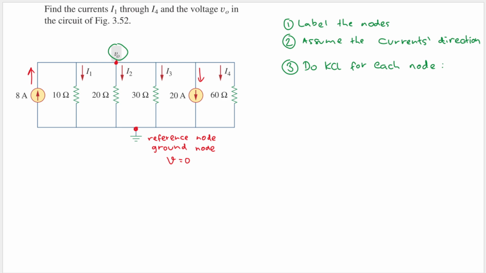What does KCL say? KCL says that the sum of the currents that go in is equal to the sum of the currents that go out, right?